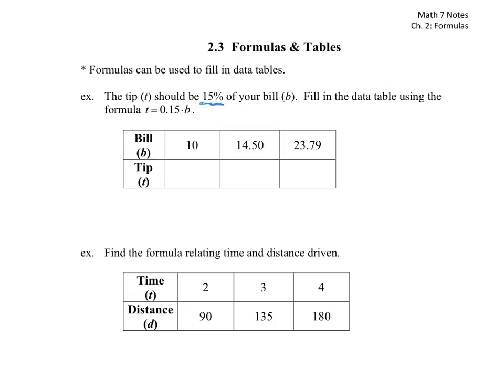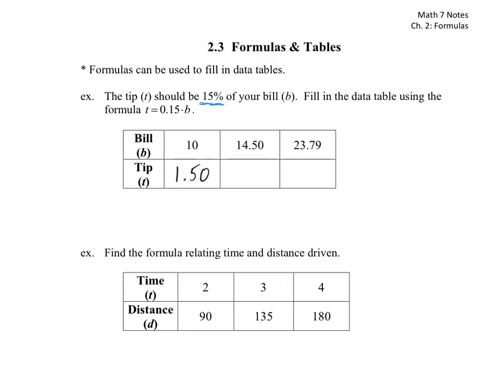So the tip then for a $10 bill would be $1.50. Now, if we're talking money, is 1.5 the best answer for money? No. Money typically you round it to 2 digits, just because then that would be like $1.50. Where you could do the same thing now, if your bill was $14.50, we take that and put that in for this B.